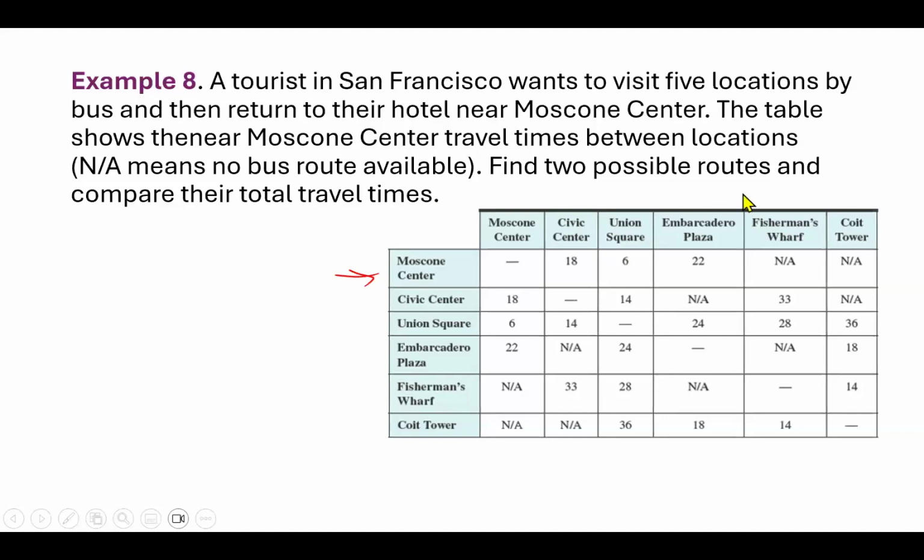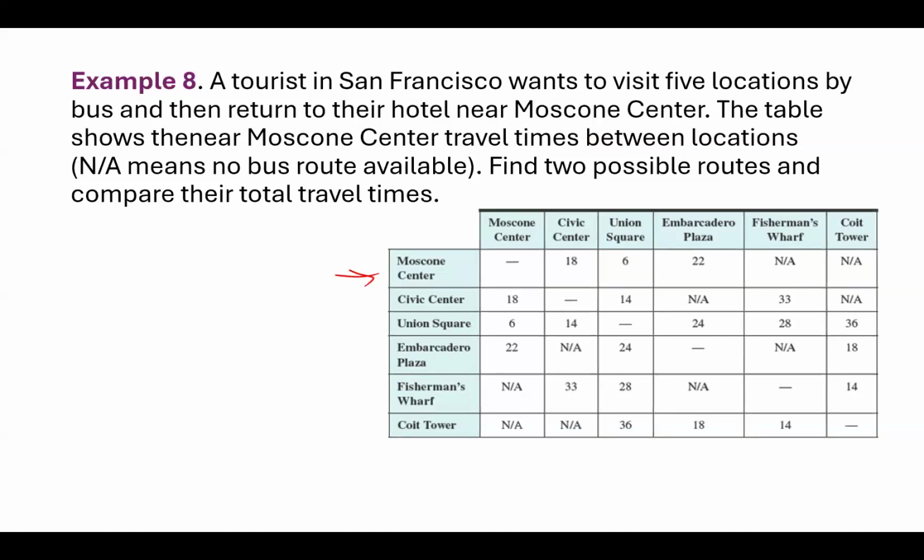Find two possible routes and compare their total travel times. So this person wants to visit all locations and then return to the hotel. So they want, I believe, to start and end at the same place, which is Moscone Center, which must be probably close to the hotel of this person. That's what we would want.